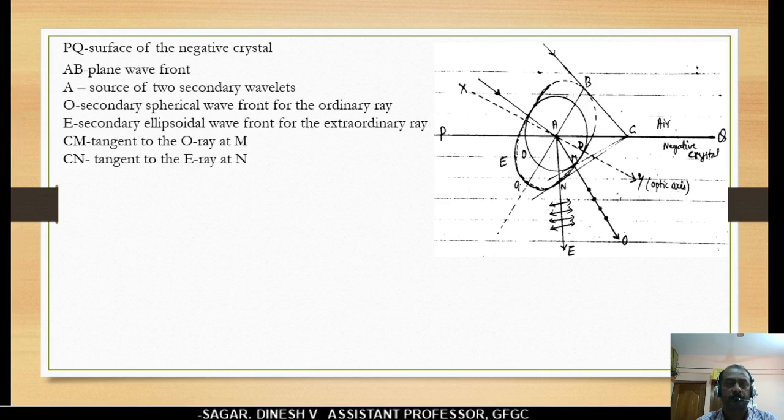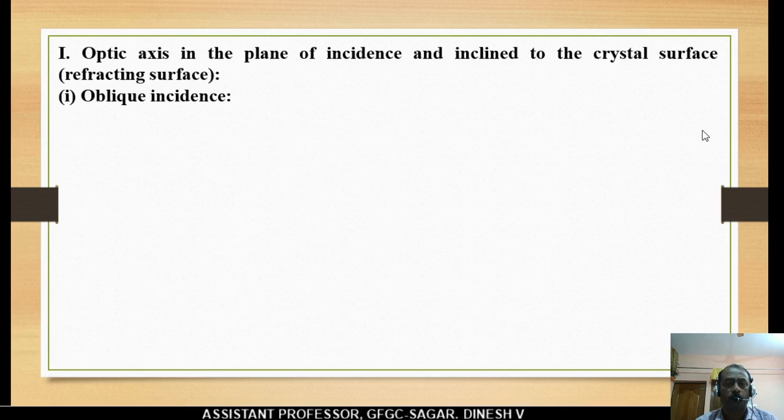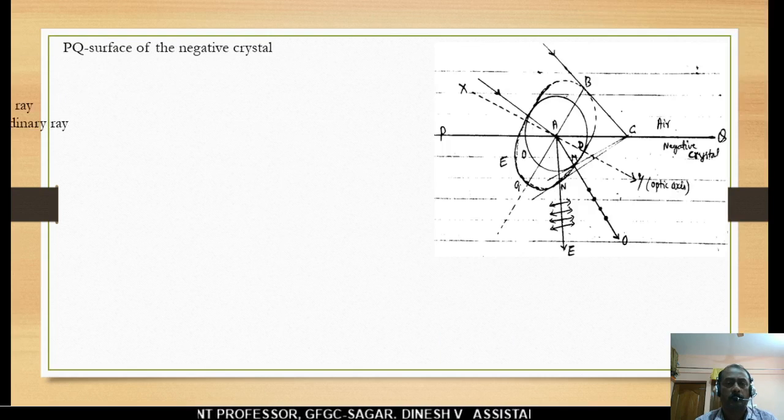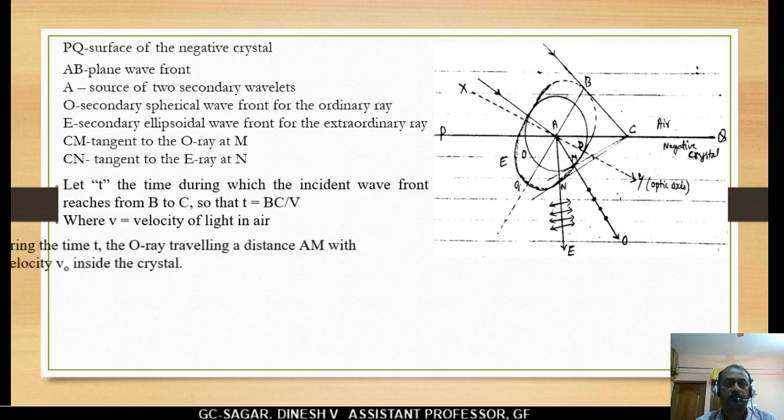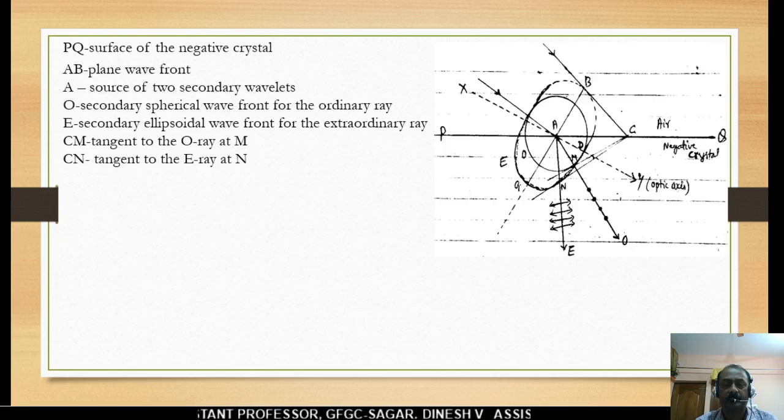See here in this diagram, PQ is the surface of the negative crystal. AB is the plane wavefront.